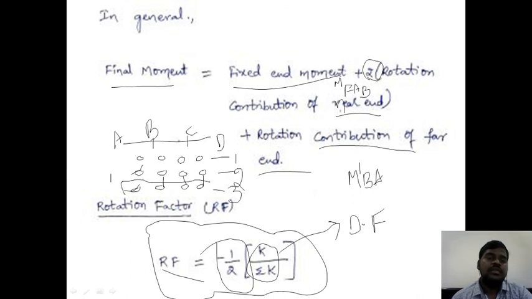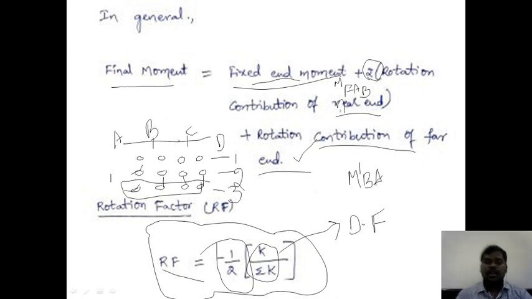These are treated as the final moments, and these are the fixed end moments, plus 2 times rotation contribution of the near end and plus 1 time rotation contribution of the far end. If we complete this by using a tabular column, then the problem gets finished.